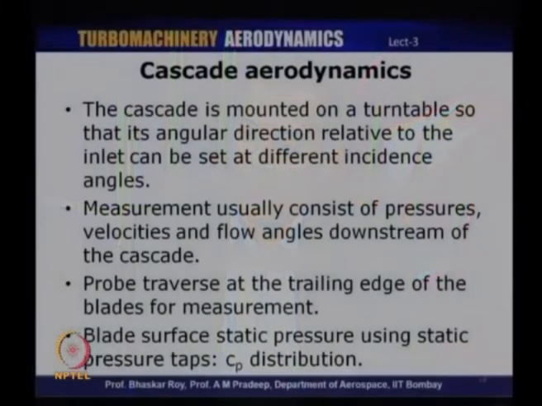So, measurements in a cascade basically consist of pressures, velocity and flow angles downstream and upstream of the cascade, and cascade wind tunnels usually have provision for traversing these different types of probes at the trailing edge for measurement. And on the blade surface, one would measure the static pressure distribution, so that one can estimate the CP distribution, or the blade loading, from the CP distribution that we get from the cascade.